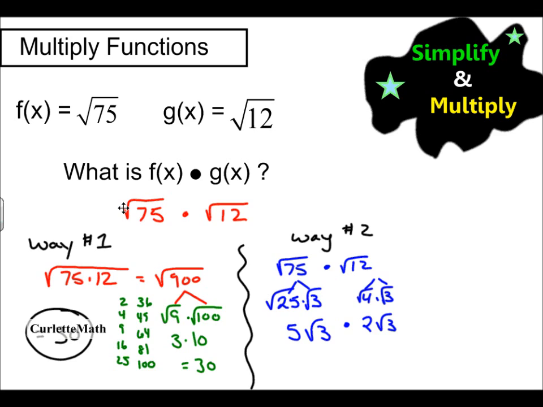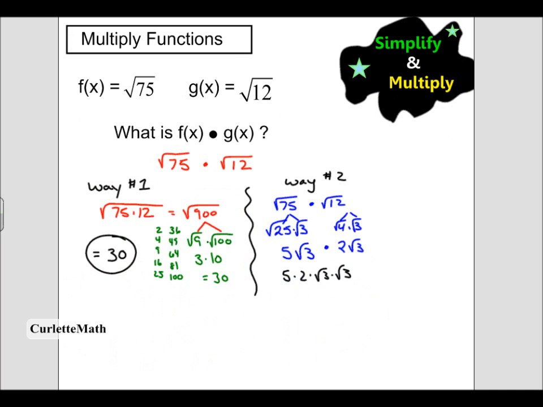Now remember, multiplication can be done in any order. So that can be 5 times 2 times the square root of 3 times the square root of 3. 5 times 2 gives us 10. The square root of 3 times the square root of 3 is 3, so that would give us 30.